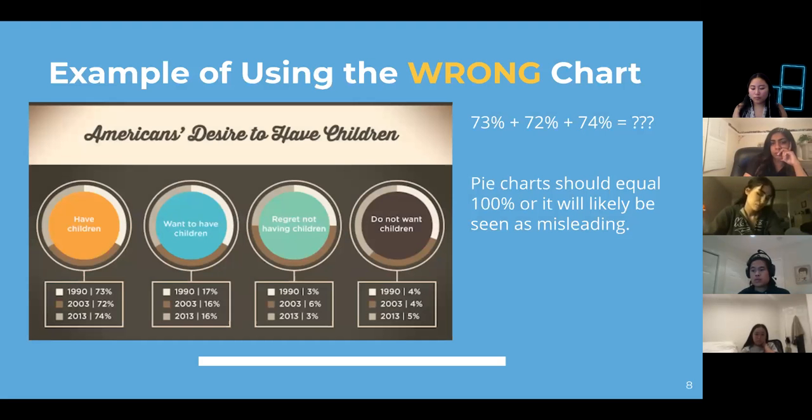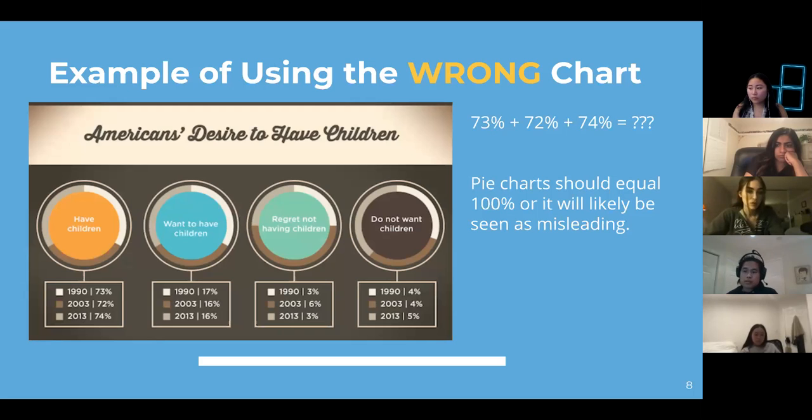Here's an example of using the wrong type of chart. Here we have Americans' desire to have children in the years 1990, 2003, and 2013. Let's look at the orange circle for now, the one all the way on the far left, even though all four of them are kind of just bad examples of data visualization. When looking at a pie chart, your first assumption is that it should equal 100% because a pie chart indicates proportions.